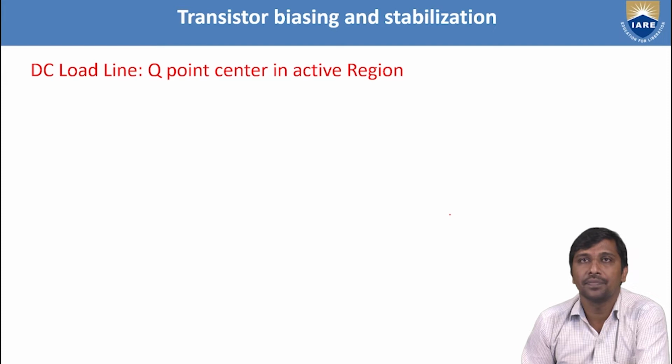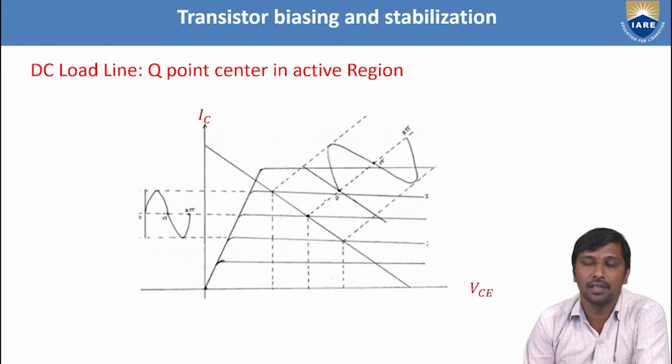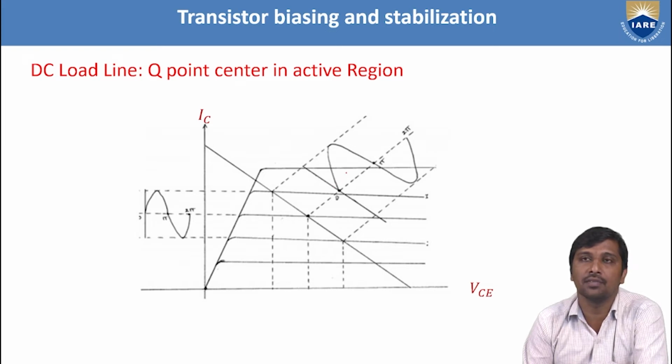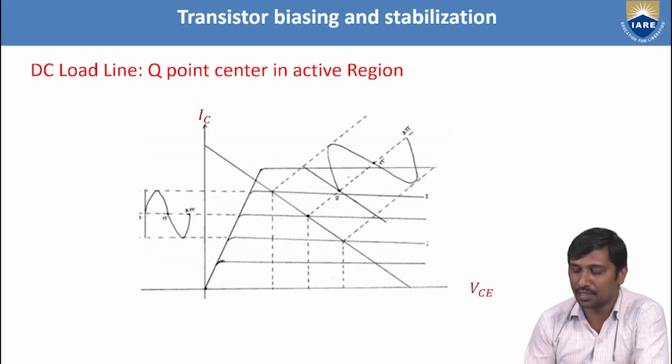That is the reason the Q point is always located at the center of the DC load line, without losing any information of the given signal, to produce a faithful amplification. So we need to maintain the operating point at the center of the DC load line, and it should be in the active region.